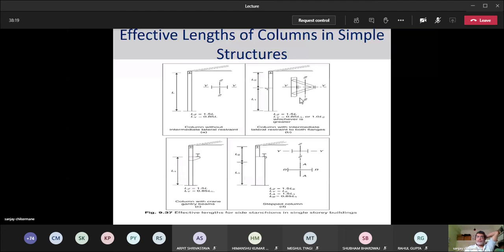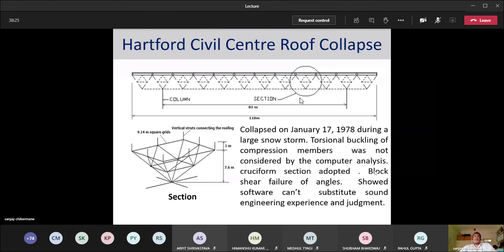Also, this example is just there to show that one should not rely on software completely, because very often software does not incorporate certain aspects of solid mechanics, which can be very crucial to that particular structure.